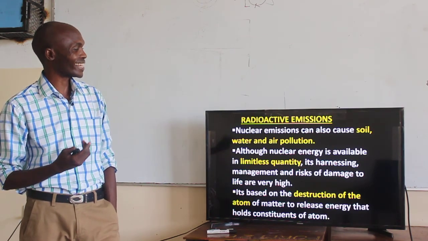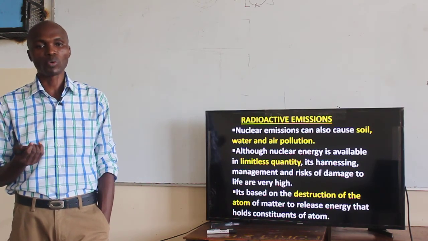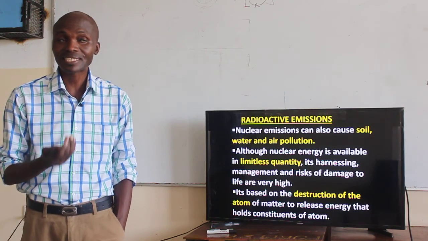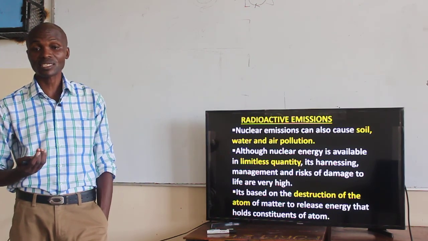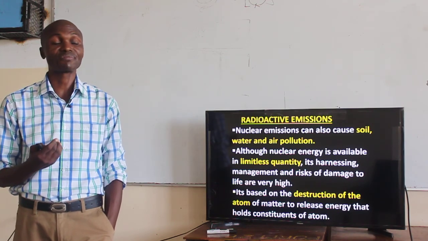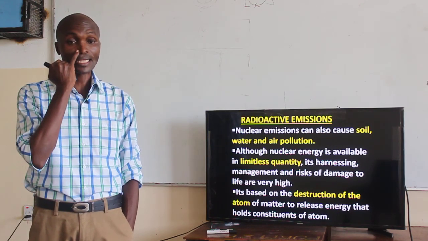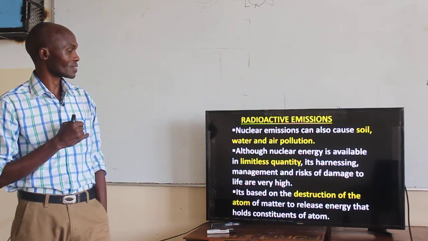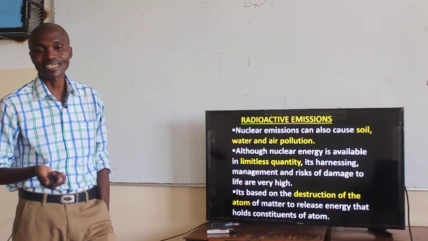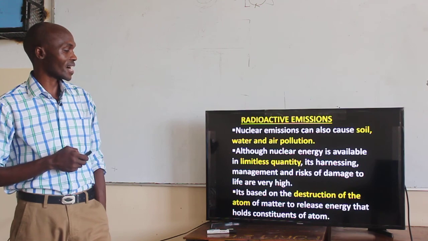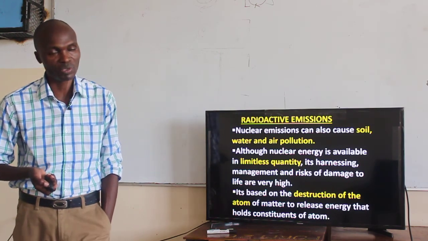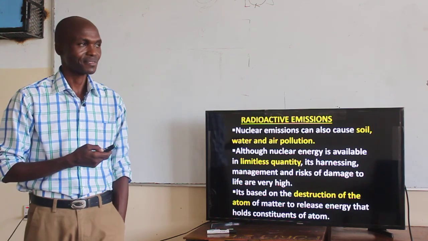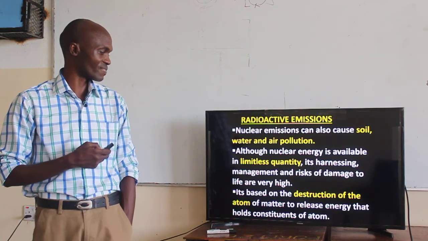Now, although nuclear energy is actually available in a limitless quantity, its harnessing, management, and risk of damage to life is very high. So we are saying that nuclear energy is a source of energy that is not limited. But then the challenge comes in the way it is being produced, how it is going to be managed, and the risk that is normally involved is very high.